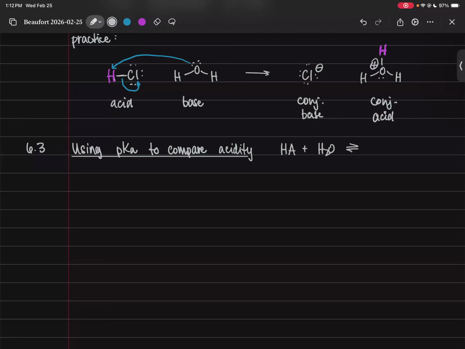I know I didn't draw an equilibrium arrow. That was me being lazy, but that's okay. So there's an abbreviated version of that reaction. In this case, A is just chloride, but it could be anything else. It could be bromide, it could be acetate, it could be whatever you like.